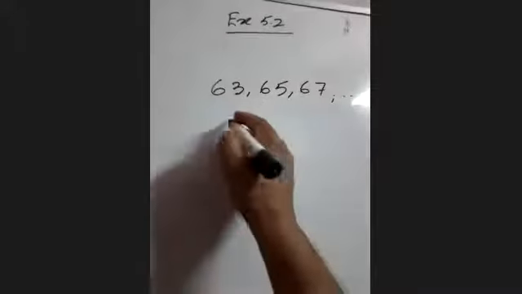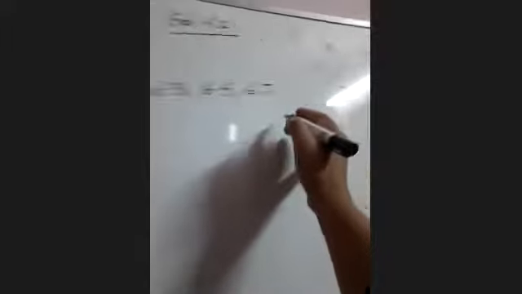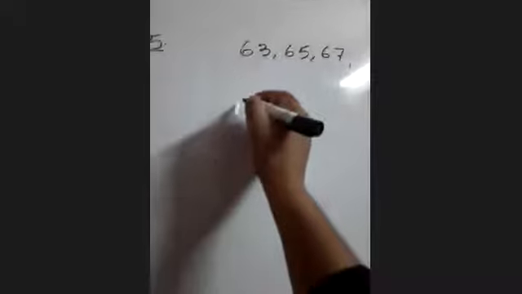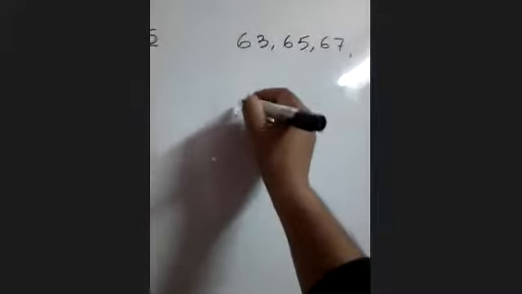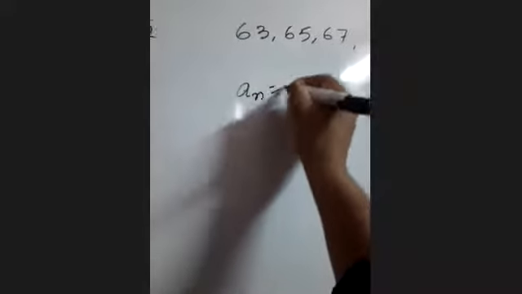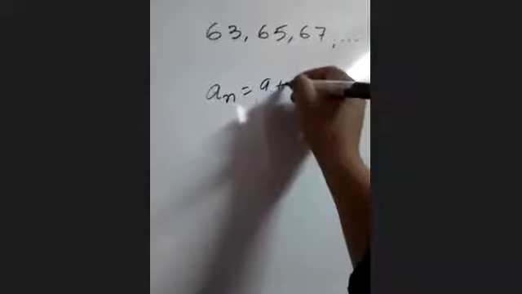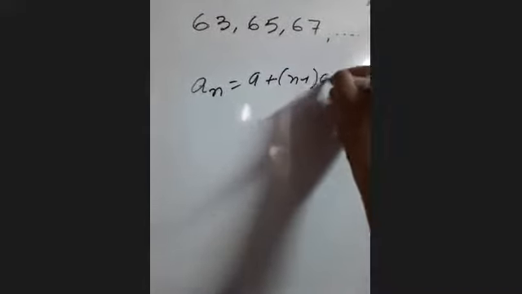So we are creating the identity for this one, and then again for the other AP. The first AP will be, as it says, an equals a plus n minus 1 into d.